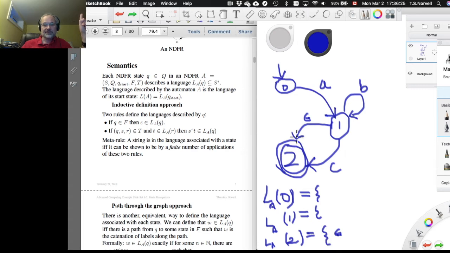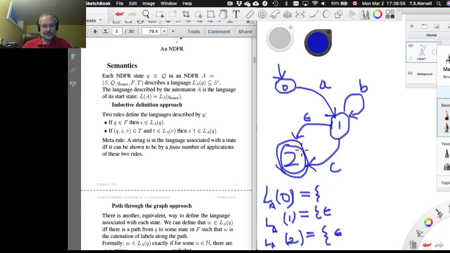Well, because of this transition here, I can learn that epsilon catenated with epsilon is in the language of state 1, and that's epsilon. So language of state 1 includes epsilon. And then from this transition, because here we have a C on the label, I catenate C with epsilon.